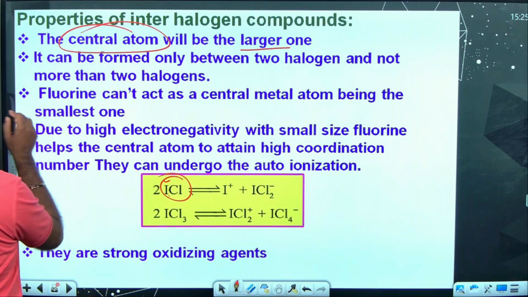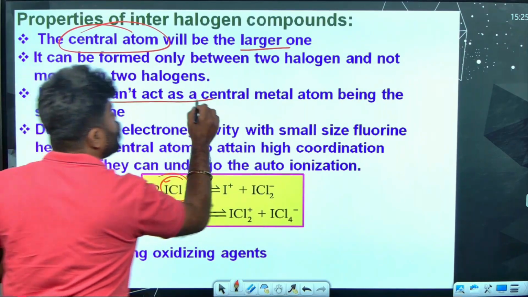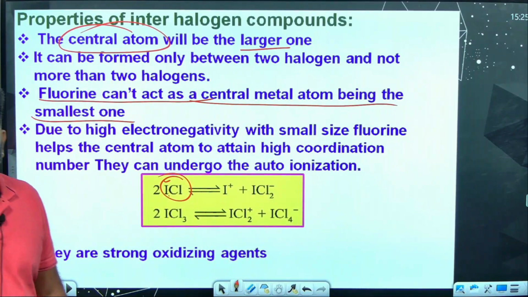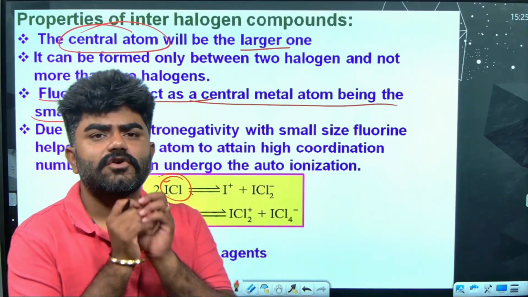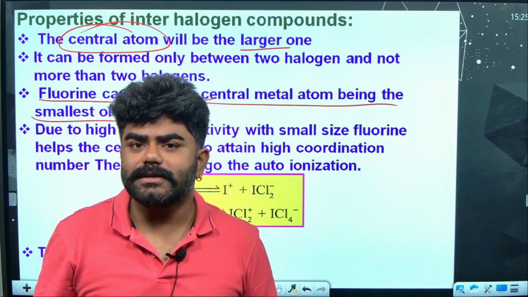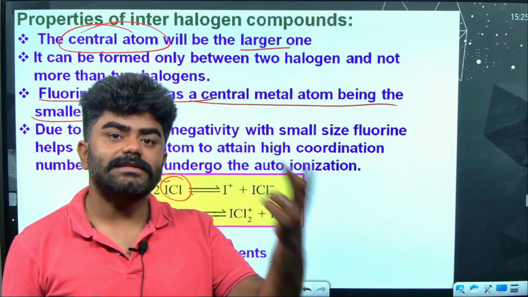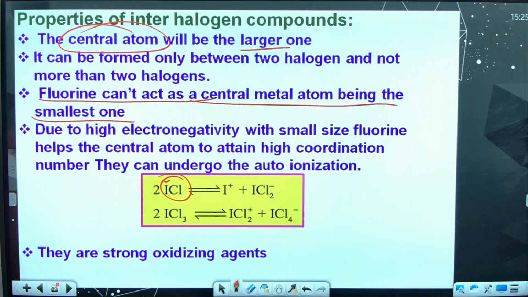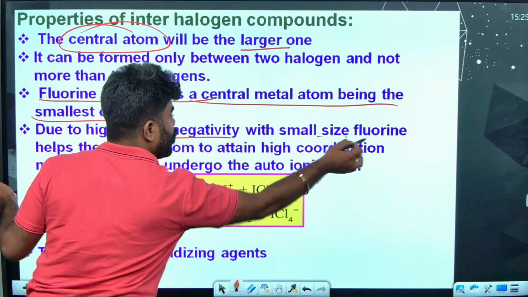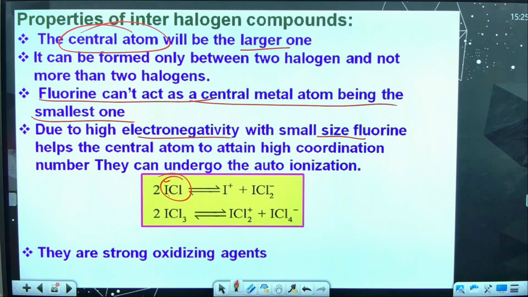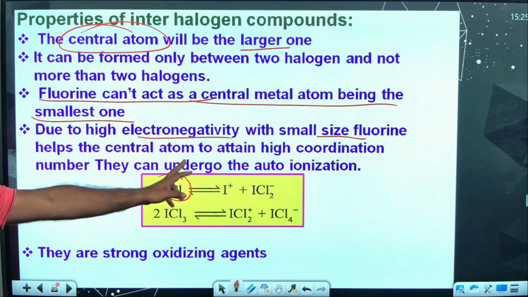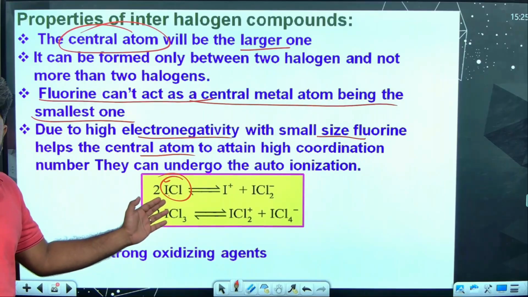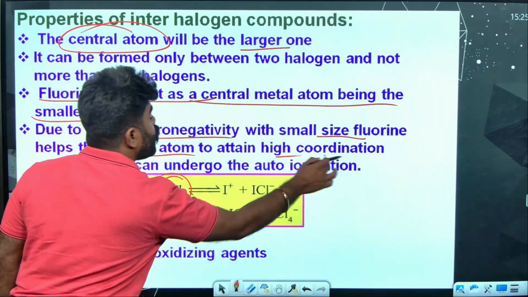And one important thing is fluorine cannot act as a central atom because of its smallest size. எந்த compound-லையுமே fluorine central atom-ஆக இருக்க chance-ே இல்லை. அதுக்கு பக்கத்தில் இருக்க halogen தான் central atom-ஆக இருக்கும். And also it has high electronegativity along with its small size. So this helps the other atom along with fluorine to have high coordination number.